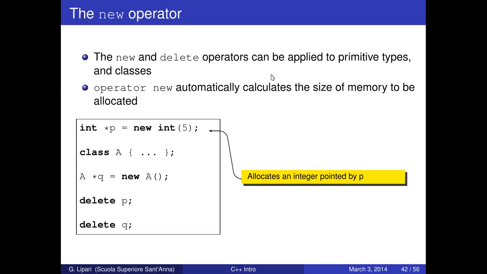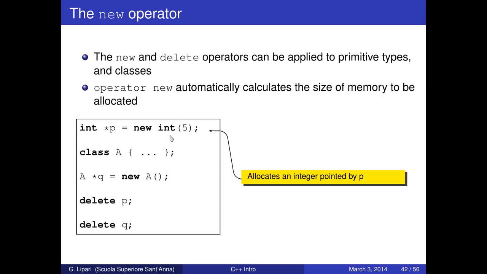New and delete can be applied to primitive types, so you can allocate memory for integers, or to classes. The new operator also automatically calculates the size of the memory to be allocated, so it's safer for this reason, because the calculation is done automatically.